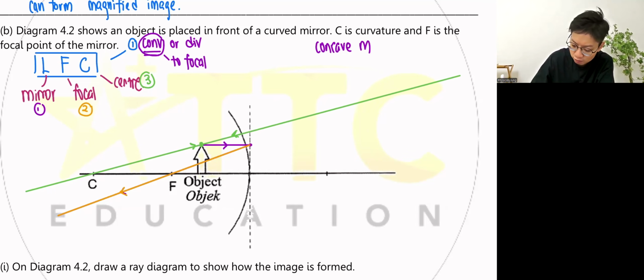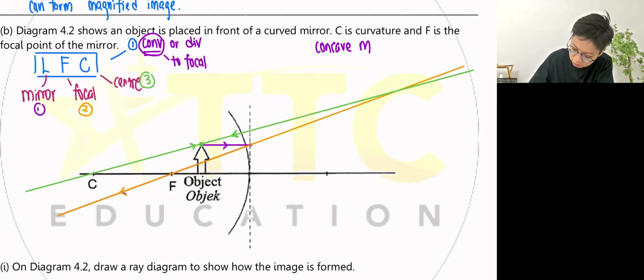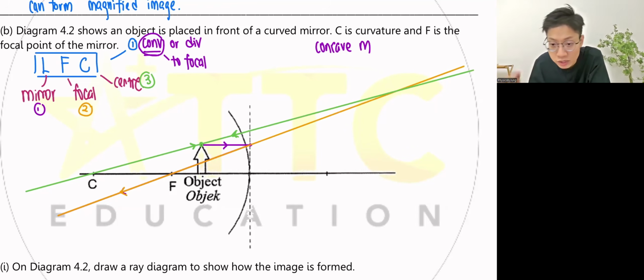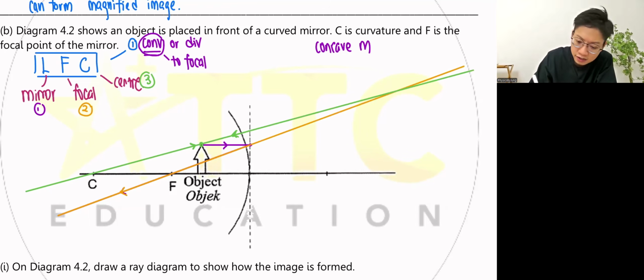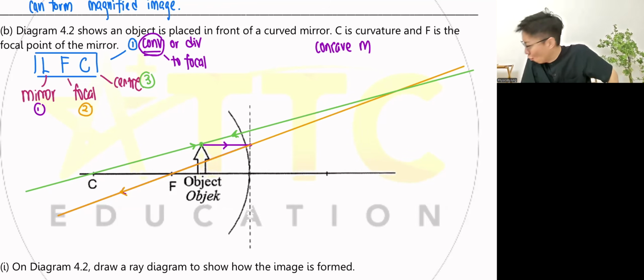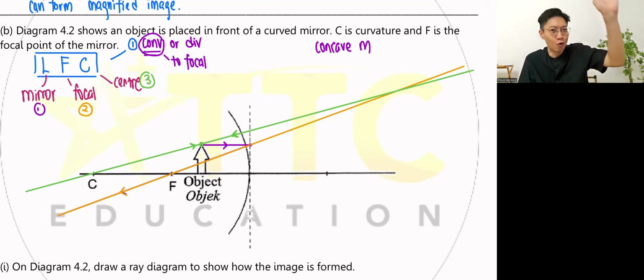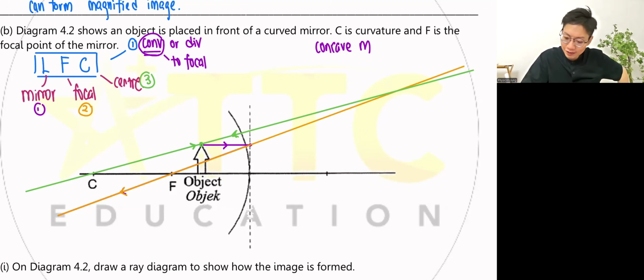If I draw here, and if I draw here, I will realize that my line will intersect quite inside. No, the answer is not infinity. Who taught you all infinity? You all don't blame me. You go out and say I teach you infinity, I whack you, okay? So the answer is it will intersect inside the mirror here.